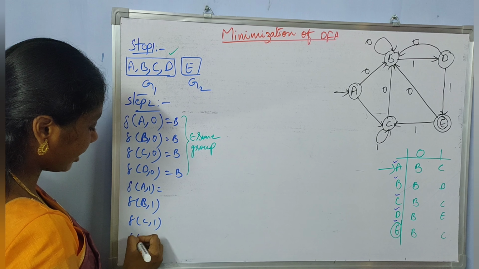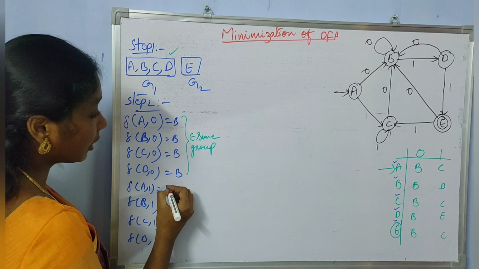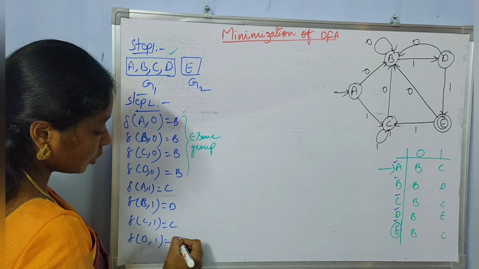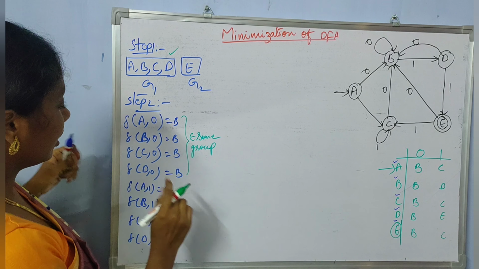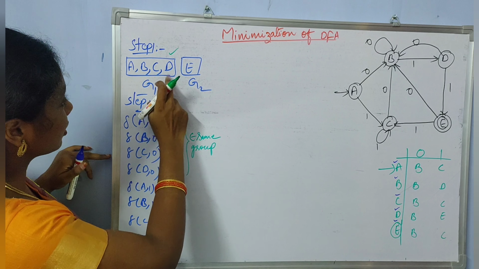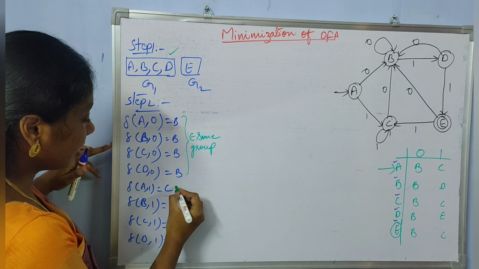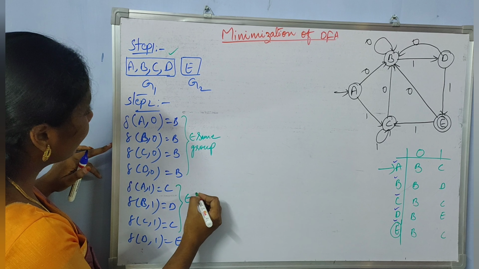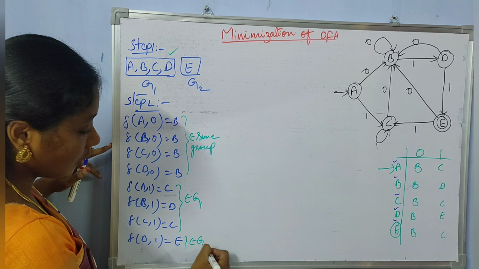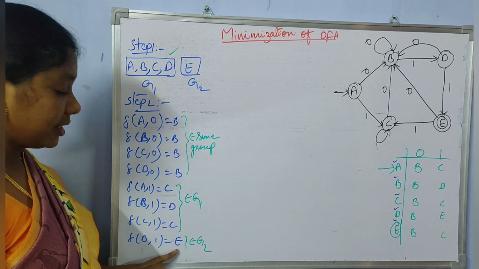I need to consider the transition of A with 1, of B with 1, of C with 1, and of D with 1. Transition of A with 1 goes to C, B goes to D, C goes to C, and D goes to E. Let us observe. C belongs to group 1, D belongs to group 1, and C also belongs to group 1, but E belongs to group 2. So these three belong to one group, but this particular one belongs to another group, which means that these three are equal, but this one is not equal.